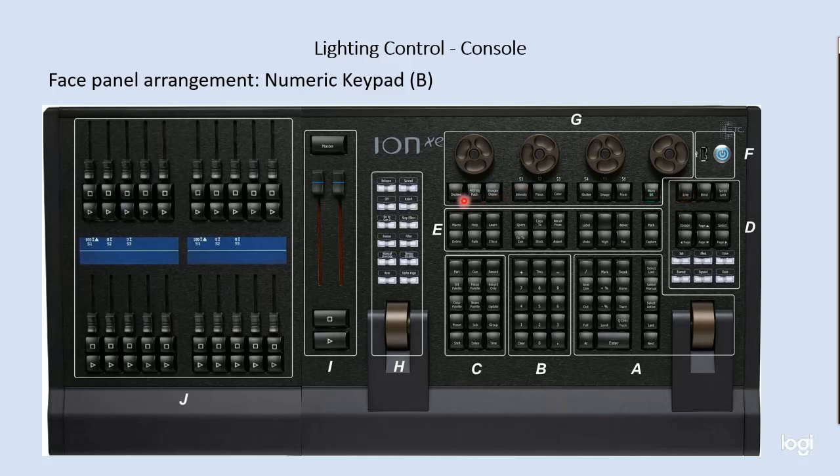There is a very important key that is all the way in the upper left hand side over here, and it is called displays. And the displays key is how you access the directory for the show, or the browser for the console, where you can open and save and rename your show file.